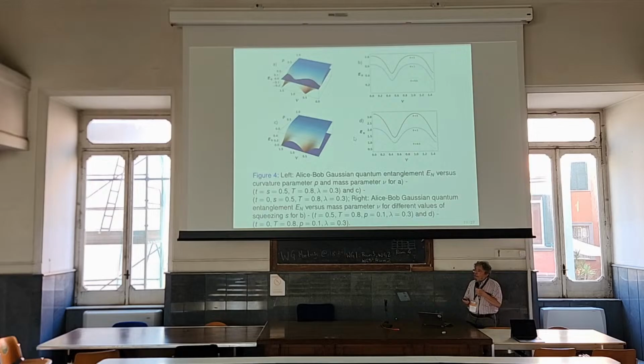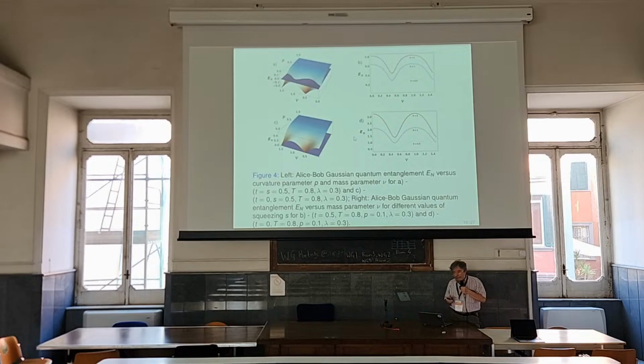Now, in connection with the dependence on the parameters characterizing the de Sitter space, we can see that entanglement, as I said at the beginning, is minimized in two special cases.